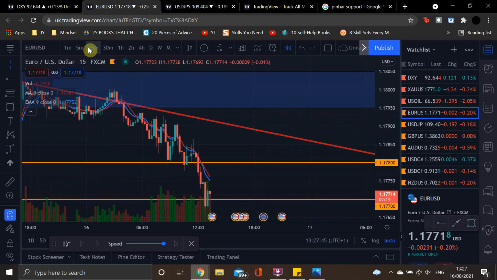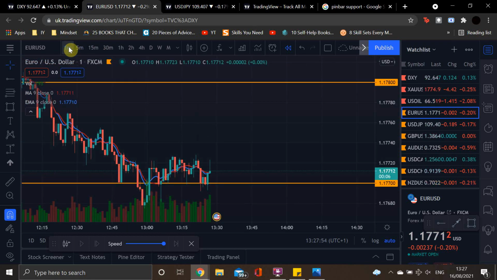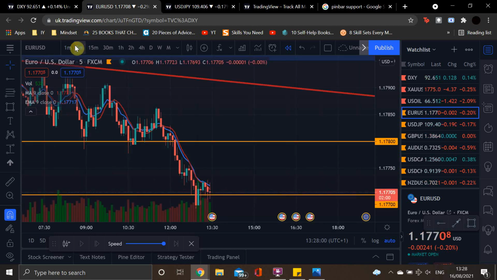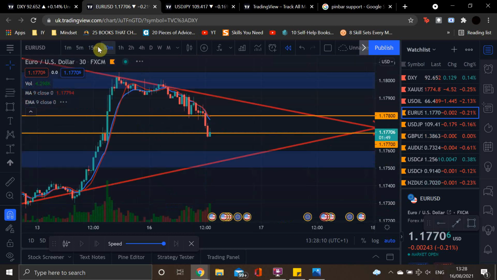Not only that, we can see the moving average is crossing over. So what I may do, I may get in for a buy here. I might get in for a buy. I need to really learn how to read these candles. The pattern's not there anymore. Neither is the dark cloud.